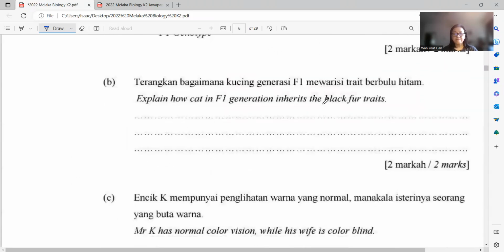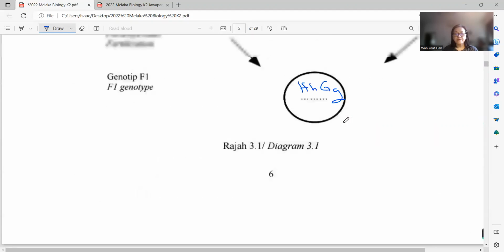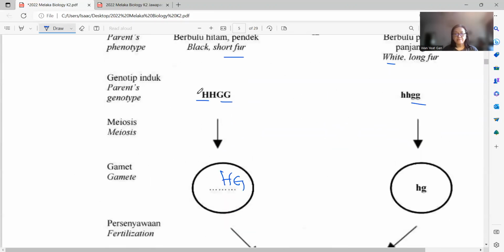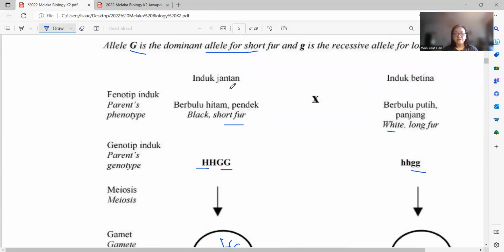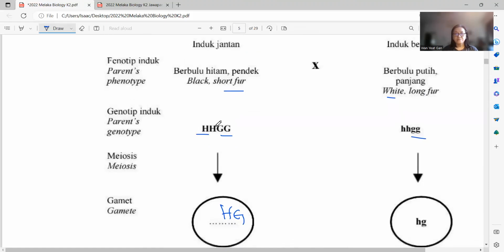Explain how the cat in the F1 generation inherits the black fur trait. Okay, so if you look at the F1, how it inherits black fur. So the black fur is the male here. The male carries the dominant allele.